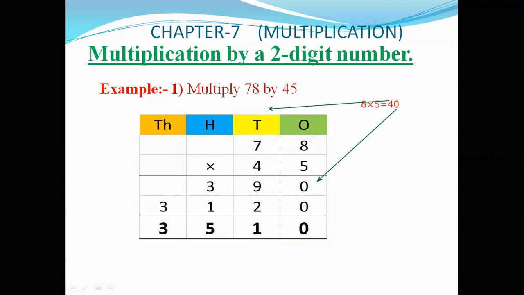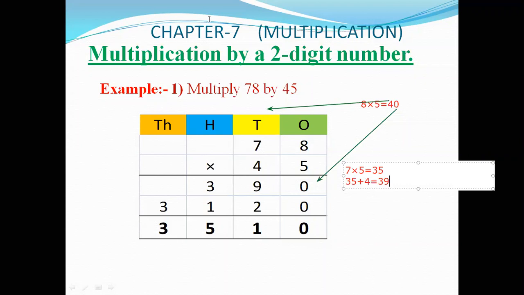Now we multiply 5 by 7. 7 multiplied by 5, we get 35, and now we add 35 plus 4. 4 is the carry over digit. Now we get 39. Now we write 39, 3 under the hundreds column and 9 under the tens column.